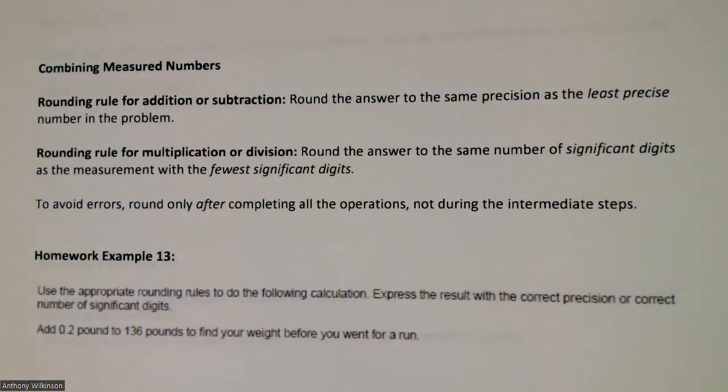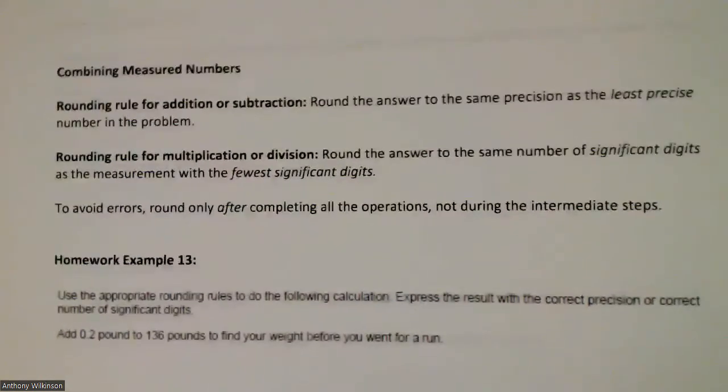And to avoid errors, round only after completing all the operations, not during the intermediate steps. So you just do add, subtract, multiply or divide as you normally do, and then whatever answer you get, you will round only at the end. Like in this example here.